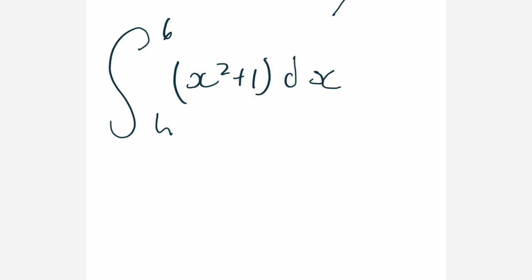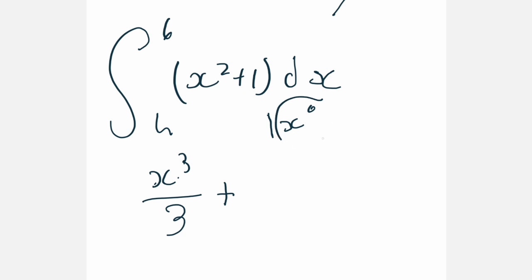X squared is x cubed over 3, because x to the power of n plus 1 over n plus 1, and then plus 1x. The reason it is 1x is because to get 1, you need to have 1x to the power of 0, okay? But this x to the power of 0 isn't shown.